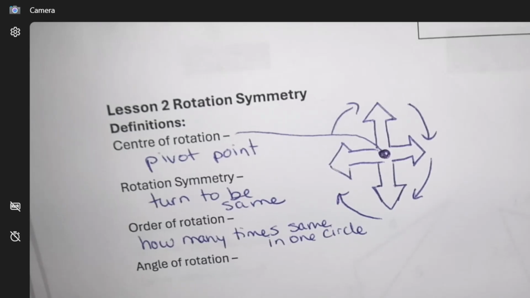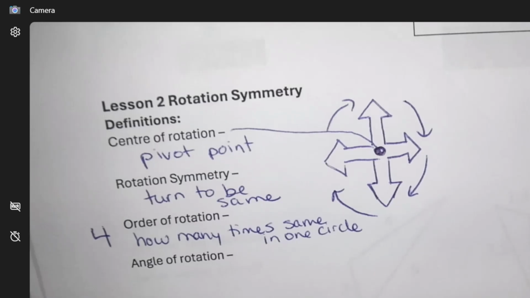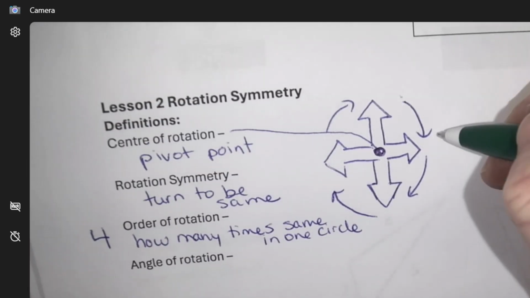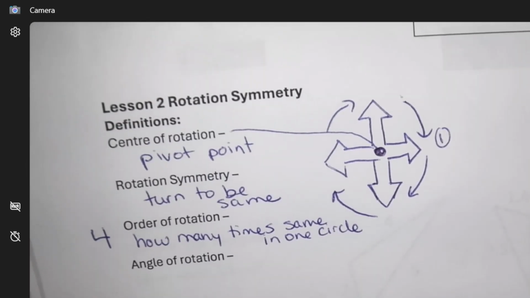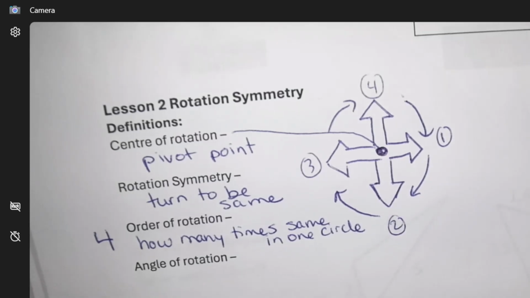How many turns could I do on this object where it would land in the same position and look the exact same? 4. So the answer to this question is 4. On different objects, yes, but not on this one. If I turned it to this position, that's 1 turn. I could turn it 2 positions, 3 positions, and then if I turned it 4 times, it's back to the starting.